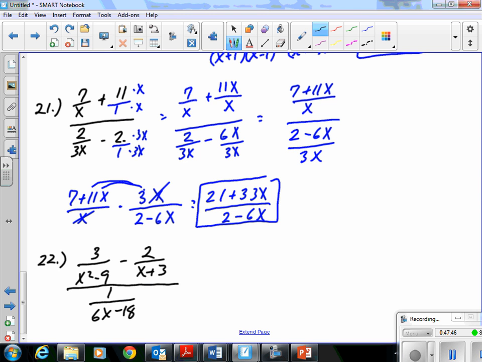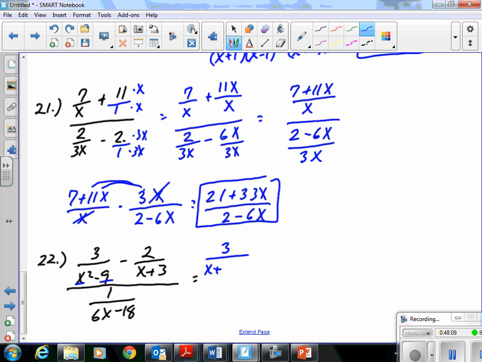So on the top we need to combine those two fractions together. So in order to do that, since it's a fraction, we have to have a common denominator. And x squared minus 9, that's a difference of 2 squares. X squared has a perfect square root, 9 has a perfect square root.